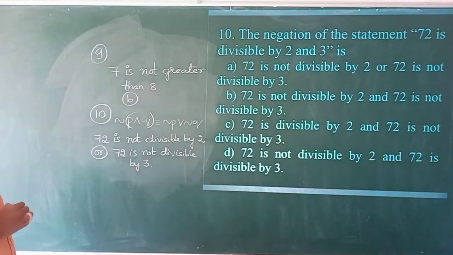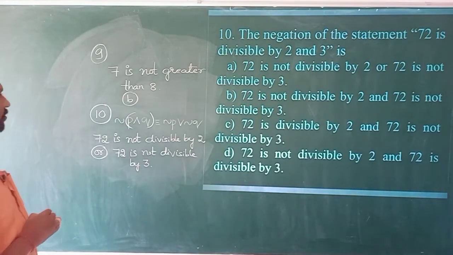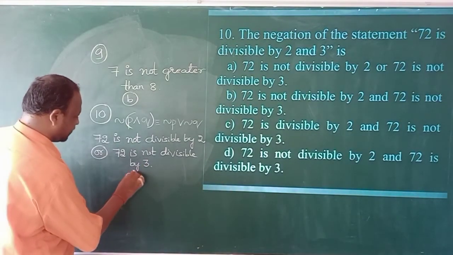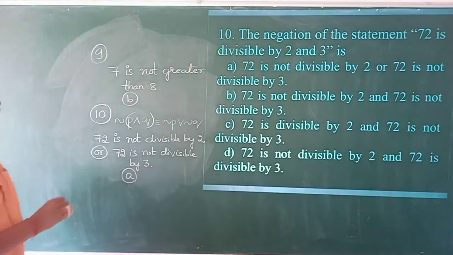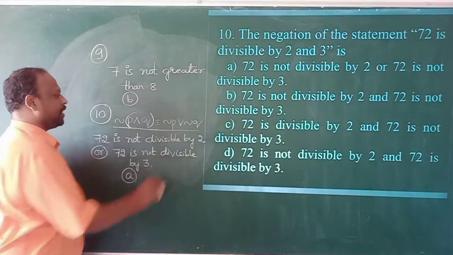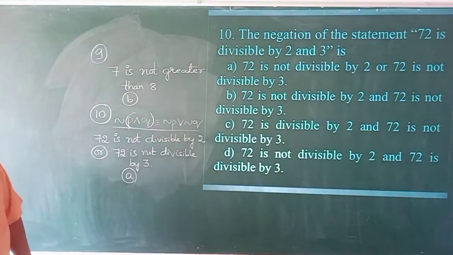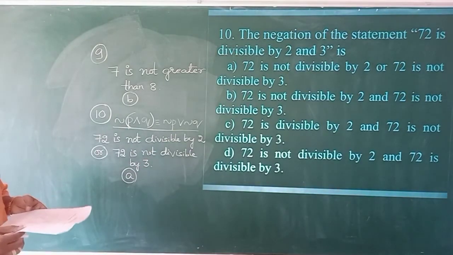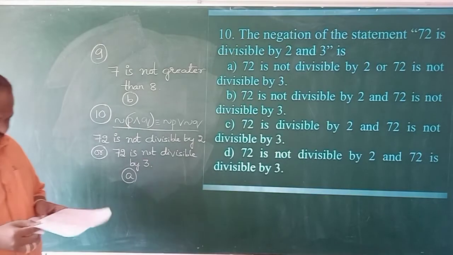So 72 is not divisible by 2 or 72 is not divisible by 3. Option A is the answer. You should know this formula. Negation of P and Q is logically equivalent to negation P or negation Q. Next one.